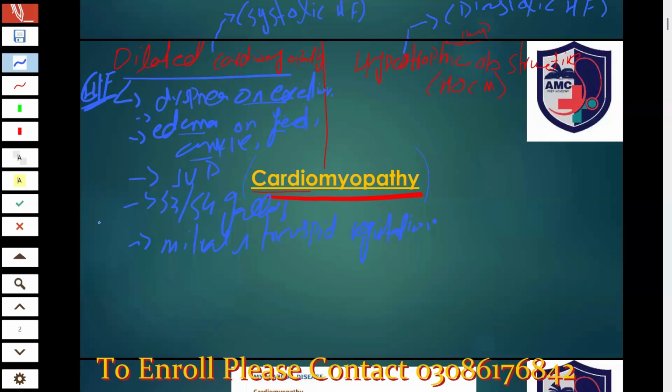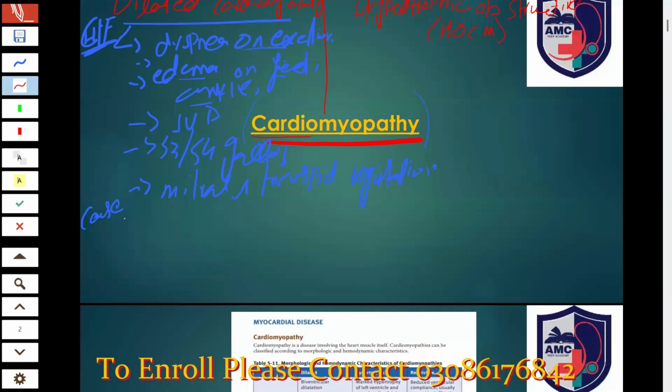What is the cause? In cause, might be the patient has a history of upper respiratory tract infection, viral infection history. Might be due to any Coxsackie virus or adenovirus. This will be in the history.